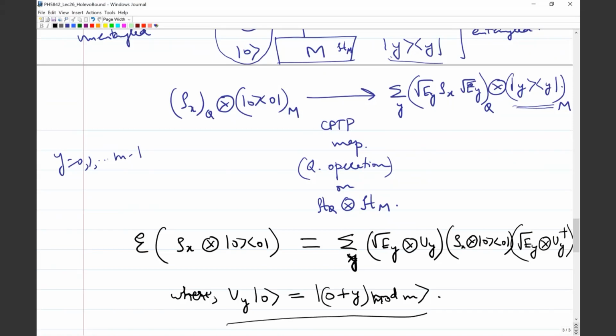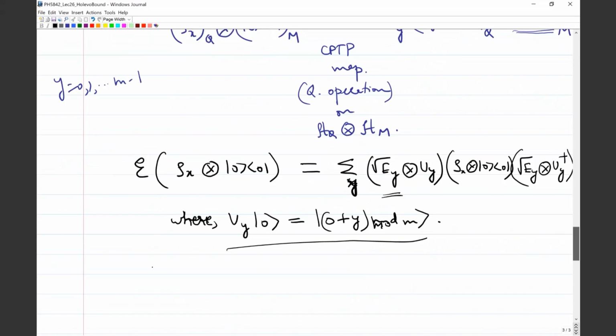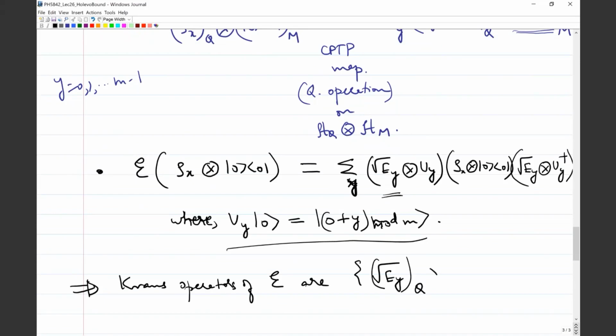So on the M system, there is a unitary transformation. On the Q system, there is a transformation by some arbitrary positive operator, square root of E_y. And together, they constitute like a Krauss representation. So the Krauss operators of E are square root E_y as far as the Q system is concerned, and a unitary U_y as far as the M system is concerned.